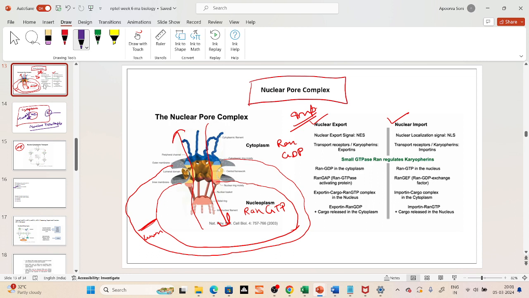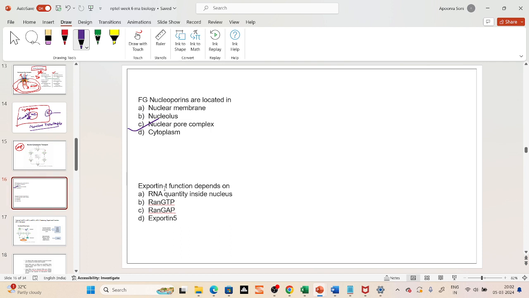Now, you see here, exporting cargo requires Ran GTP complex in the nucleus. Here it is written. So exporting cargo requires Ran GTP in the nucleus. Here it is written exporting function depends upon. So the answer is Ran GTP.